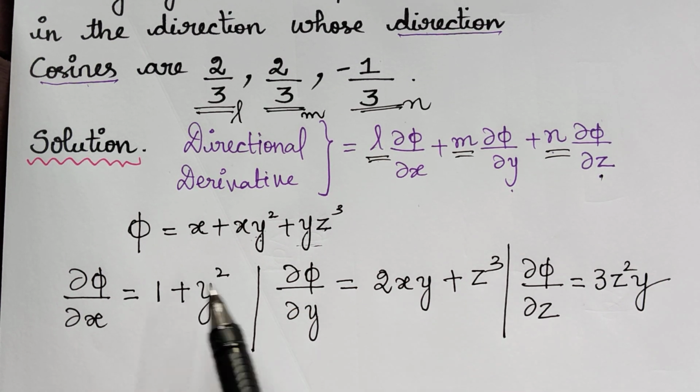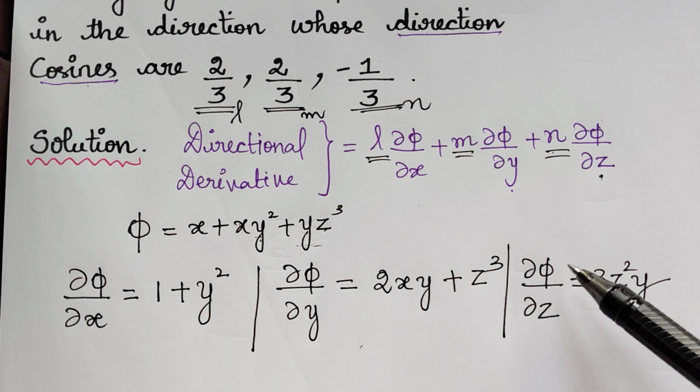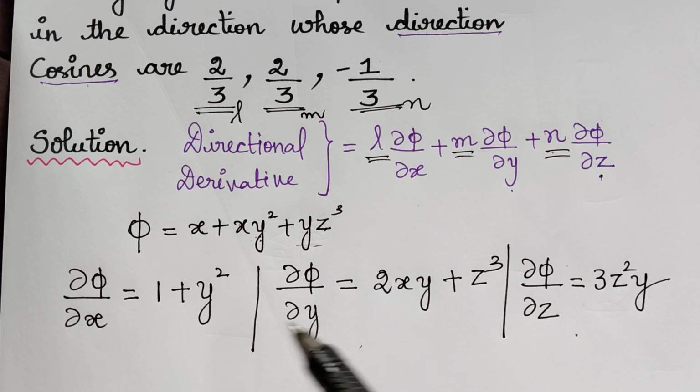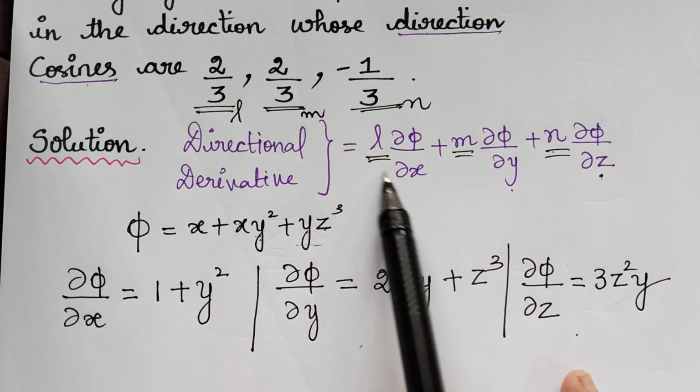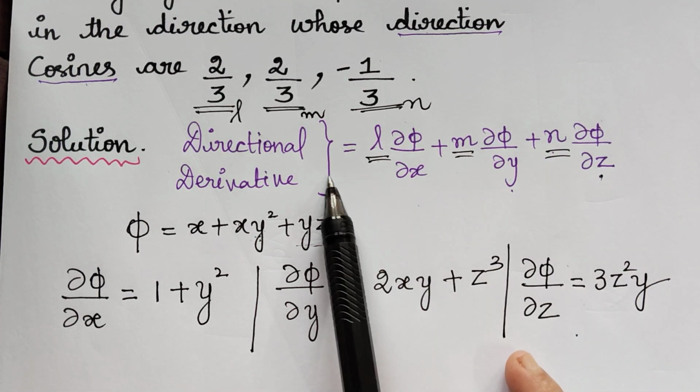So now we have found ∂φ/∂x, ∂φ/∂y and ∂φ/∂z. The next step is we have to substitute each of these values to find the directional derivative. So in this formula we have to substitute.